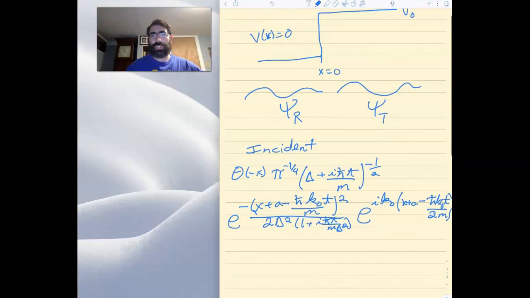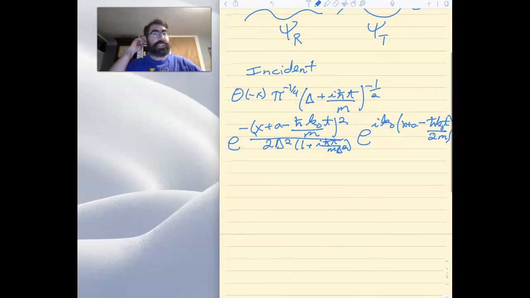So this wave function is the incident wave packet, and it includes the time dependence, as it's moving through space.